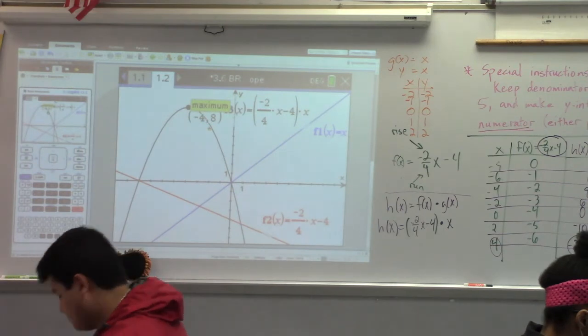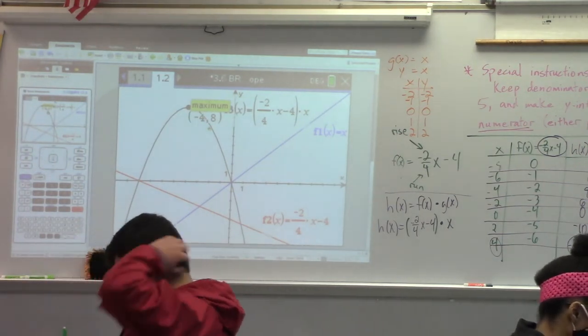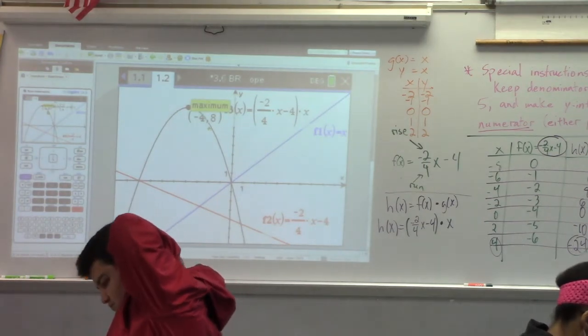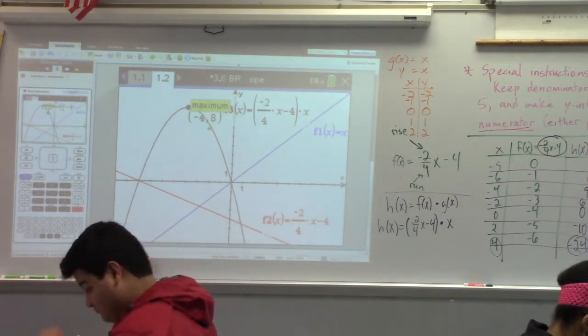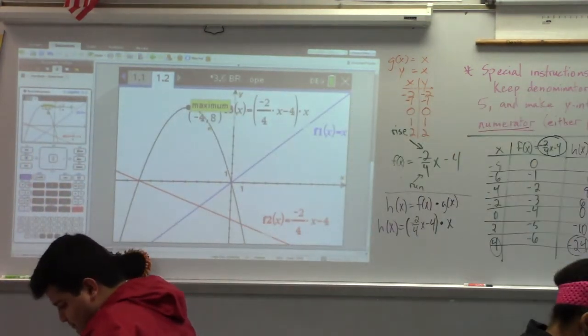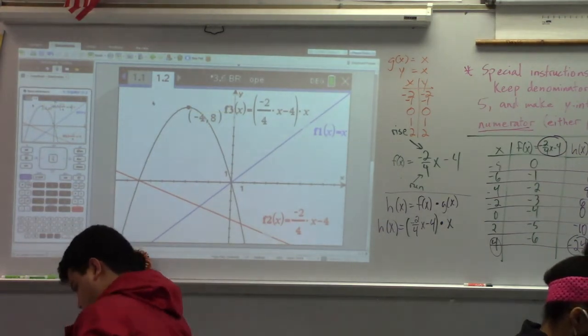Chloe, what does it ask us to do after we identify the maximum? Number 5, after it says identify the maximum. It says what the main interval is h of x decreasing. I think there was a statement even before that though. Notice how the graph changes about this point.